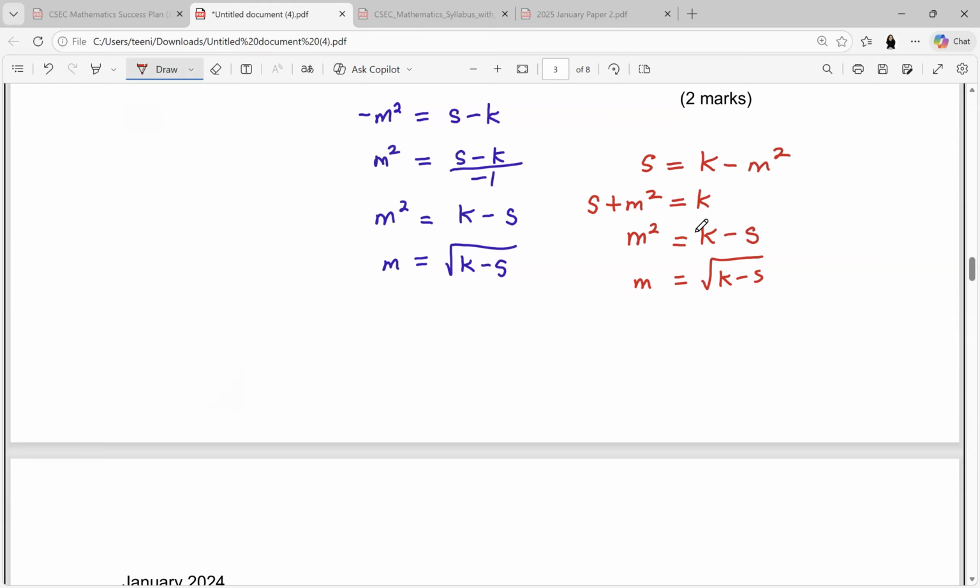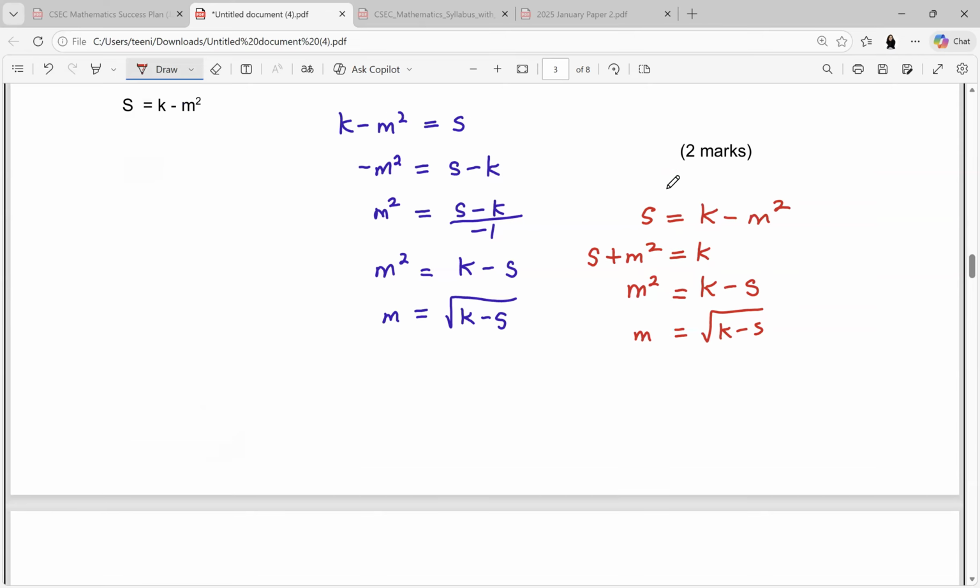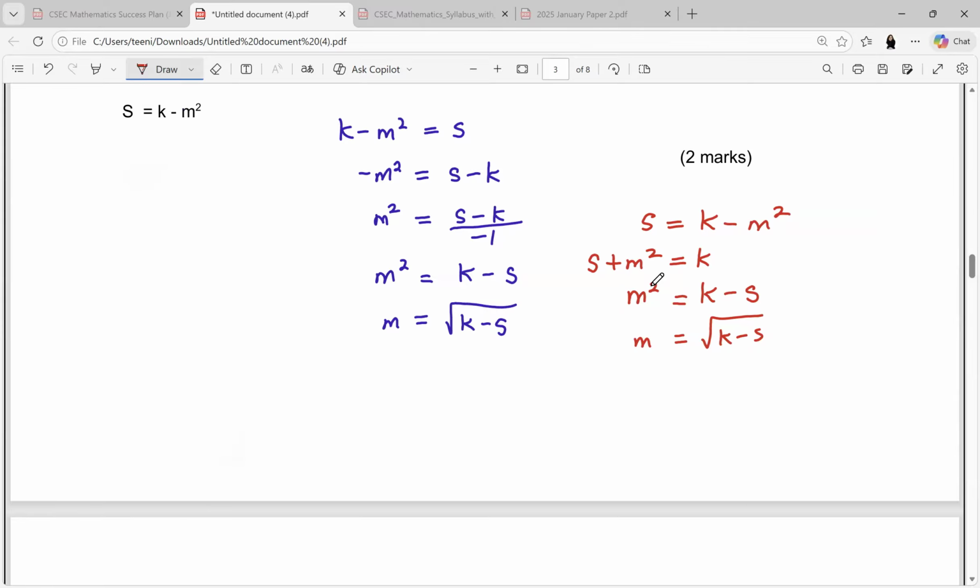So if you start the paper and you find you are taking more than 3 minutes to figure out this 2-mark question, move on to the other question, right? Because of course the more difficult, longer questions are coming later on in the paper. So you don't want to get hung up on trying to get 2 marks when you have a 9-mark question in the back, right?